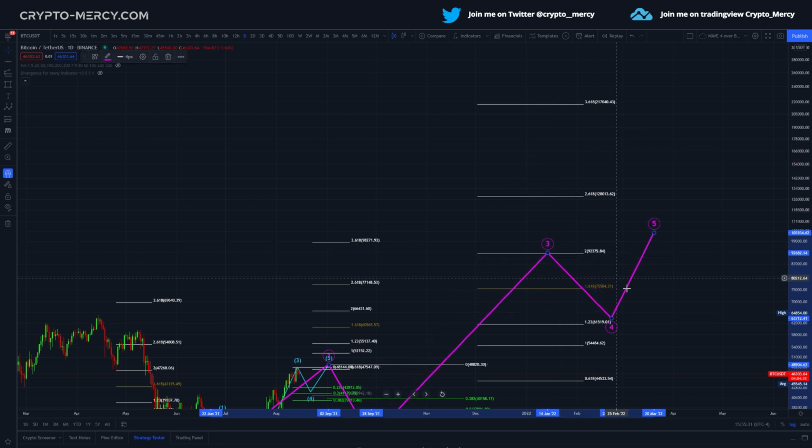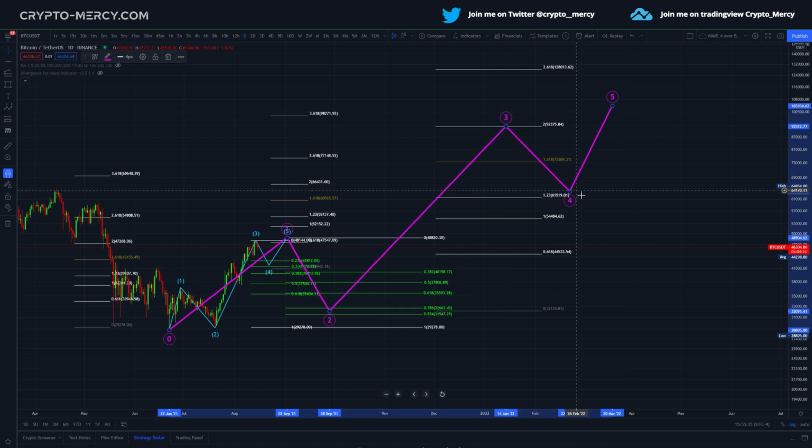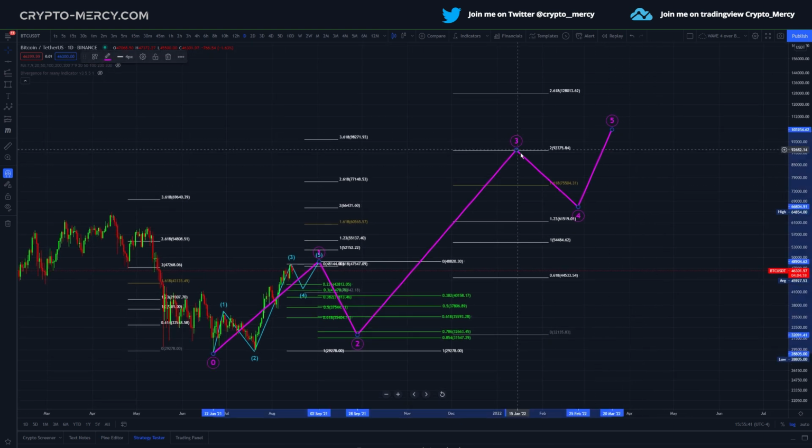But inside of wave 3, let's go with historically what Bitcoin used to do, and 92,375 will be a nice target for wave 3 inside this new cycle, wave 5.